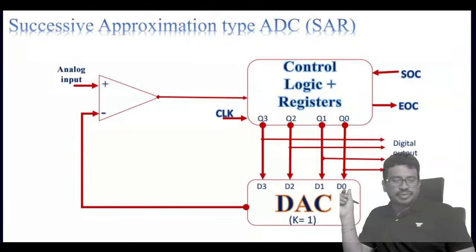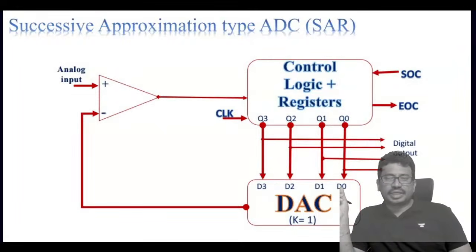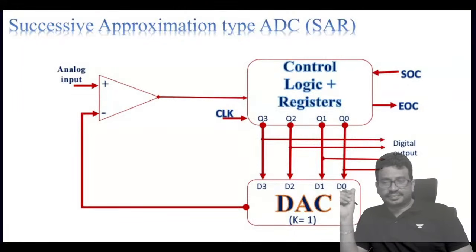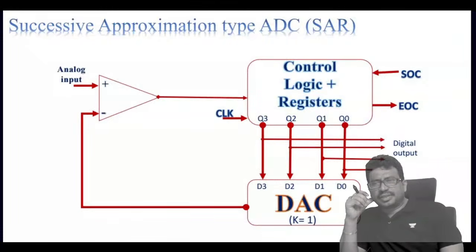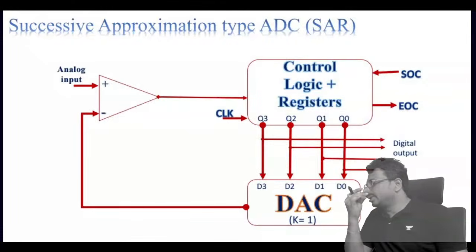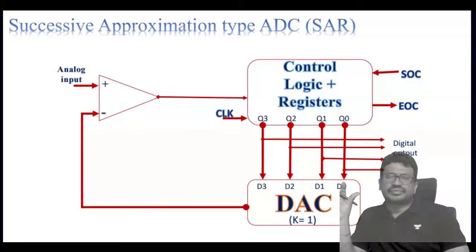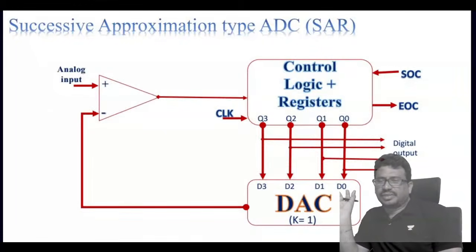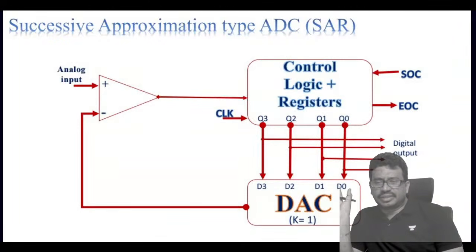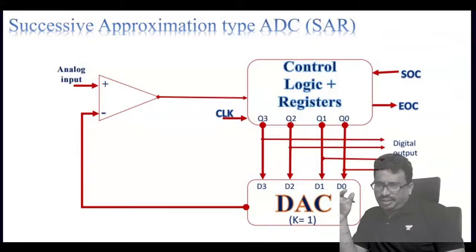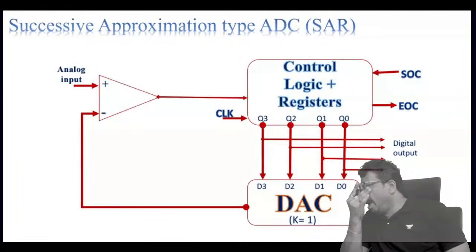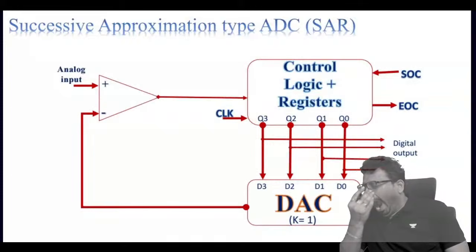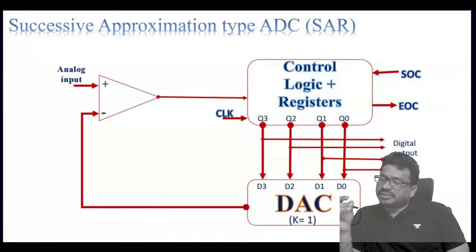Next one, successive approximation type ADC. So you see this thing. This is one of the fastest. Here, earlier the problem was that it depends upon the magnitude of the analog input.